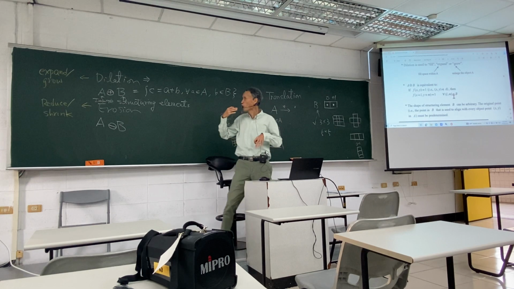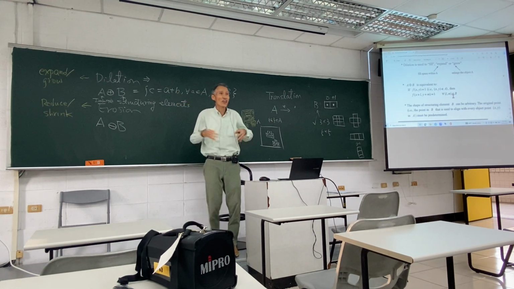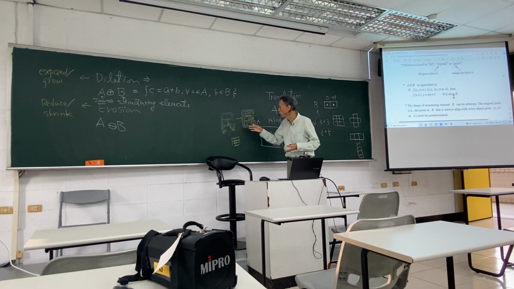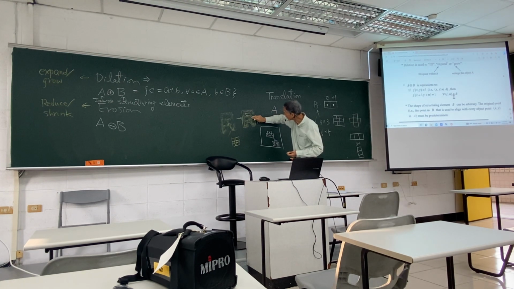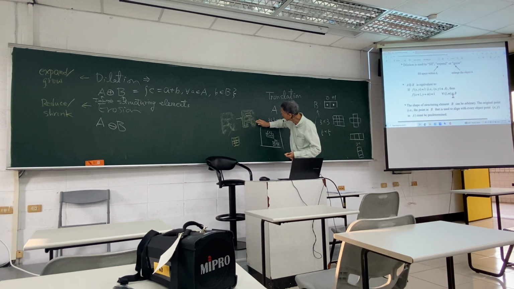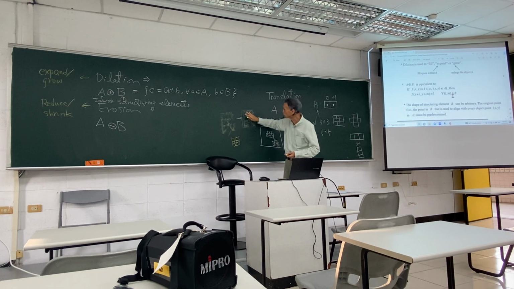That's the reason why we need erosion. Then erosion will shrink. For this case, it will shrink with the same structural element B by B. Then we can reduce its expanded contour. But once the empty space is filled, even if you reduce, there's no way you can reduce anything.